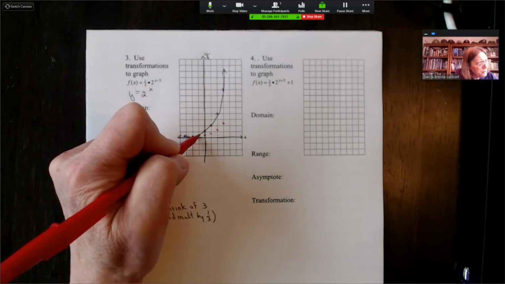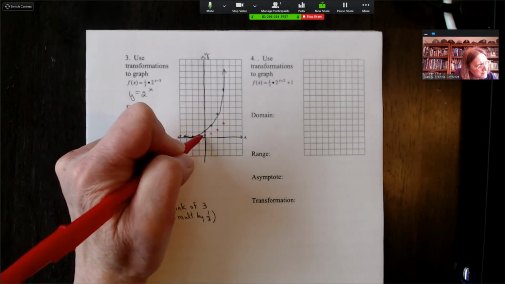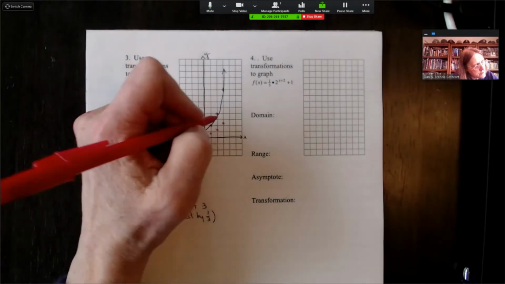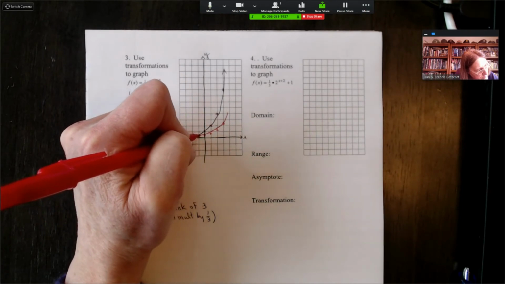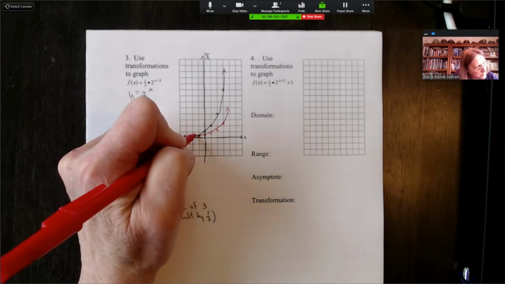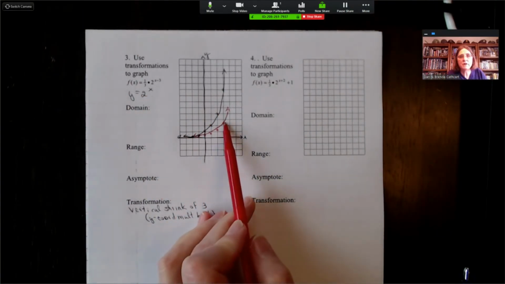And a half times a third, wow, that's going to be a sixth, and we can just barely see that that's going to be above the axis. So let's graph that graph. We can see that this vertical shrink makes the graph less steep as we start.